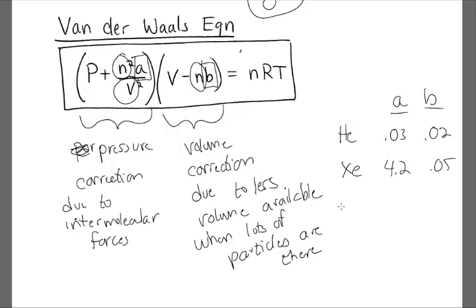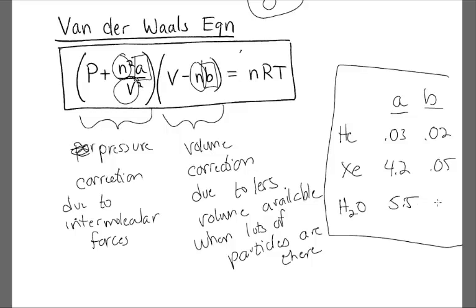Now let's compare it to one more thing, which is water. The value of a for water is 5.5, and the value of b is 0.03. Okay, so a, remember, was the correction due to intermolecular forces, and water, being a polar molecule, attracts to other water molecules quite strongly, so it has very large intermolecular forces.